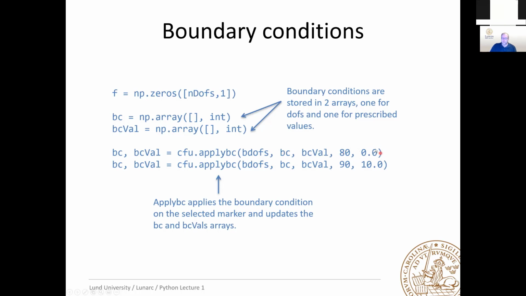In this case, it should apply the value 0 on the marker 80, and then we have to apply the value 10 on marker 90. So this is a special utility routine that helps you apply the boundary conditions. There are some other ones as well, and I would suggest that you read the documentation for CALFEM Python. It describes all these different ways you can set up boundary conditions.